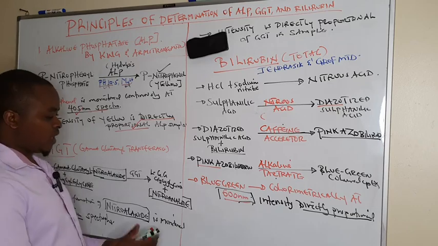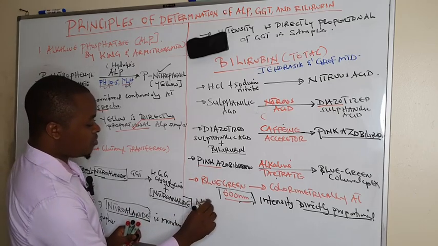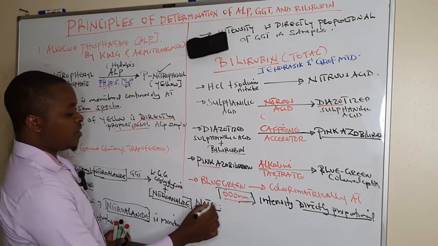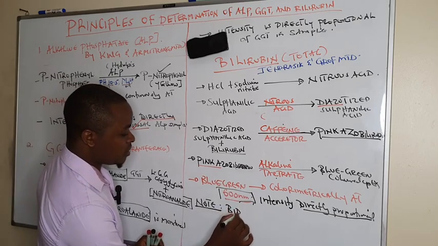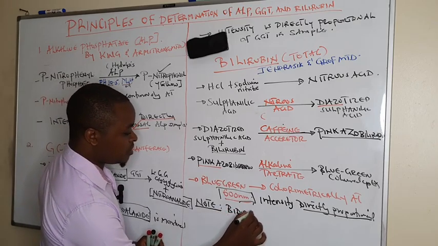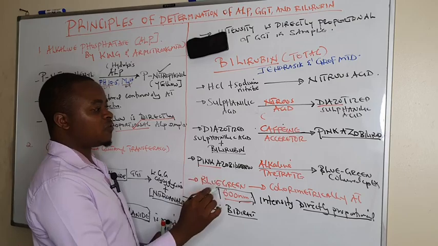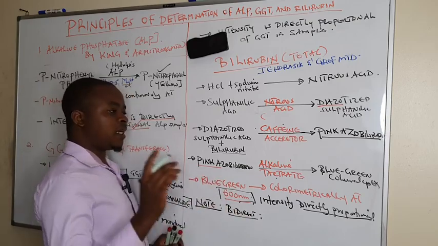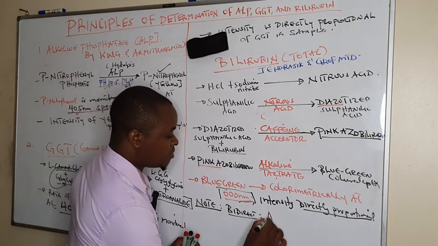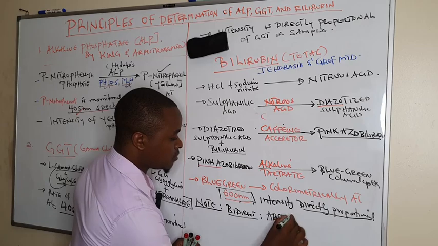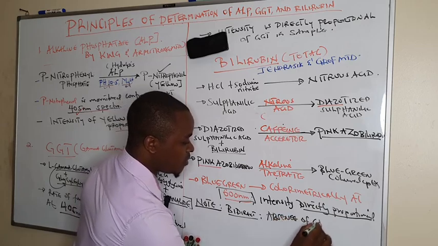So after seeing this, I want you to note, if I want to determine only direct bilirubin, I will not react this with caffeine. I will do it in the absence of caffeine. So when determining only direct bilirubin, it is done in the absence of caffeine.